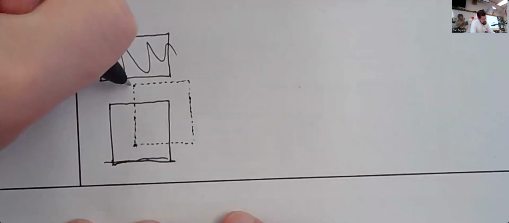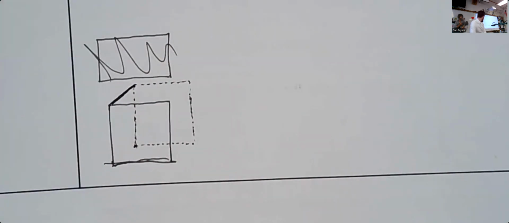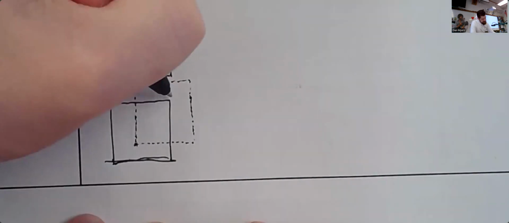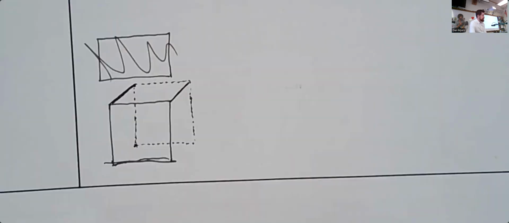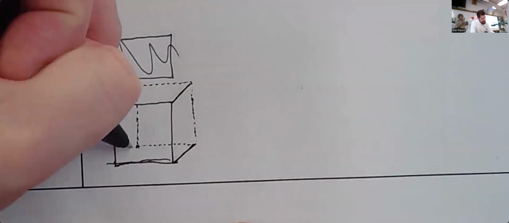Then I'm going to do a solid line here, diagonally connecting the upper left corners. I'm going to do a solid line here connecting the upper right corners. And a third solid line connecting the lower right corners, like that. Then I'm going to make a dotted line connecting the lower left corners.